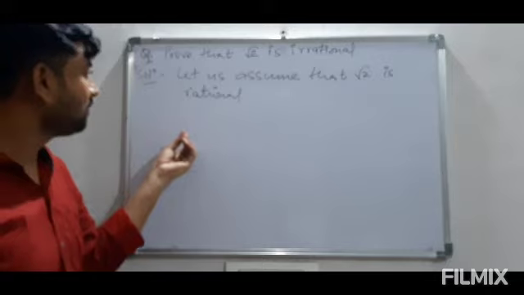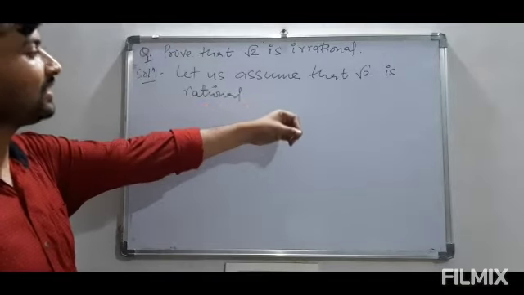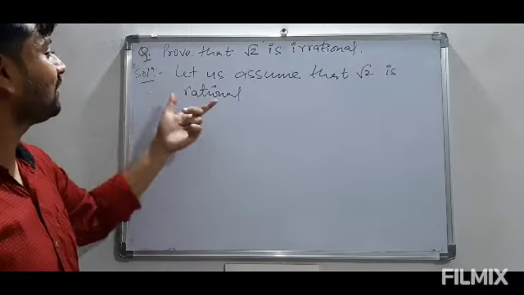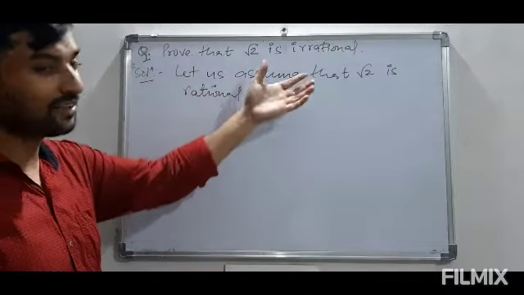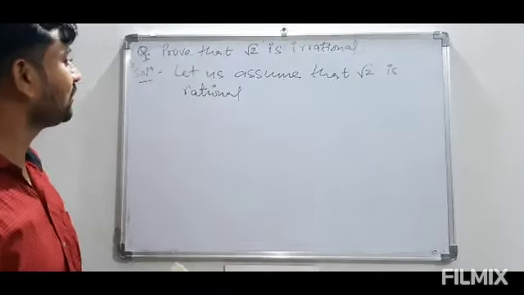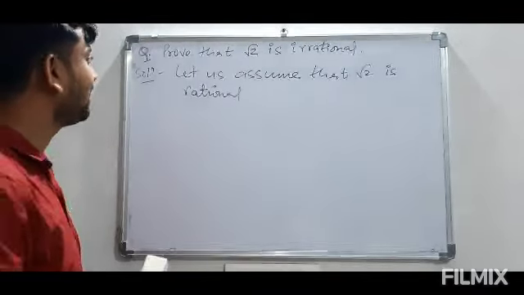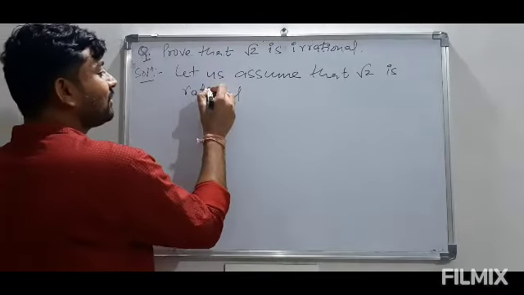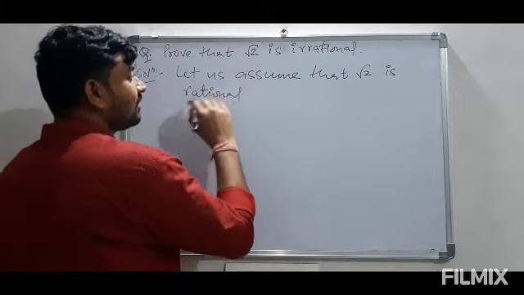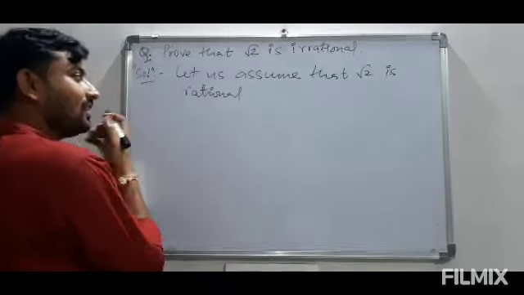By the properties of real numbers, the numbers included in rational and irrational together come to real numbers. So if it is not rational, then obviously it will be irrational. So let us assume that root 2 is rational.